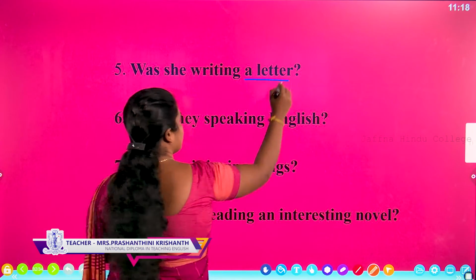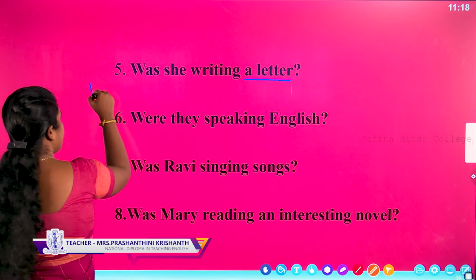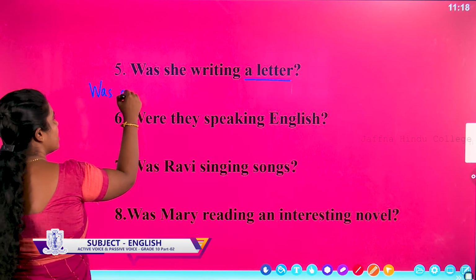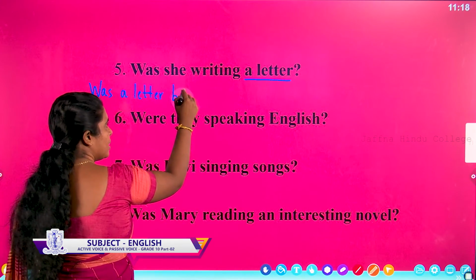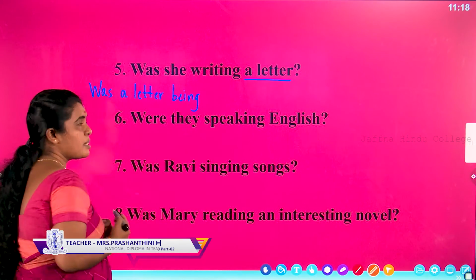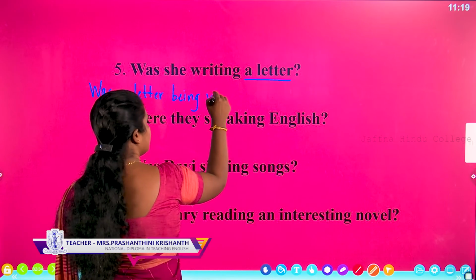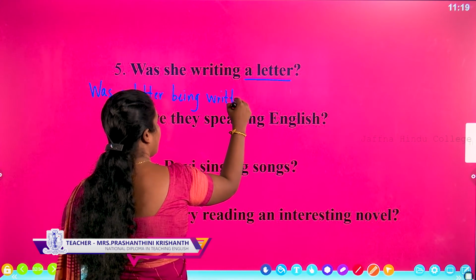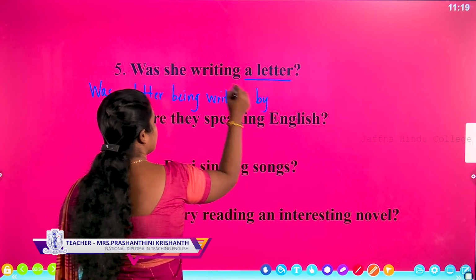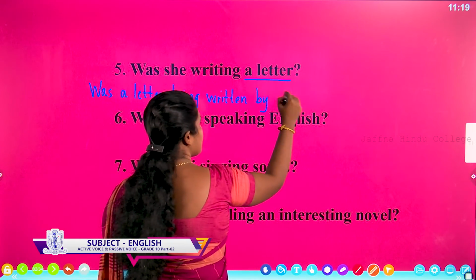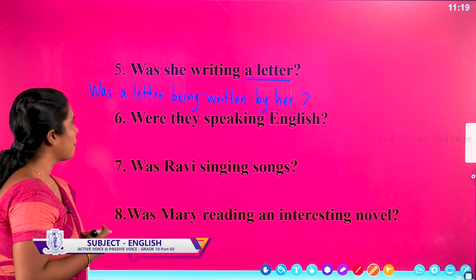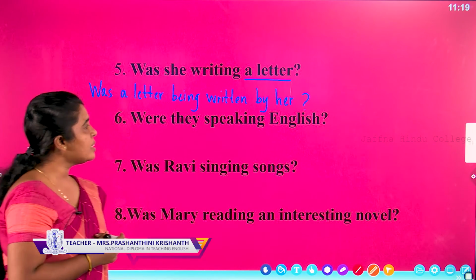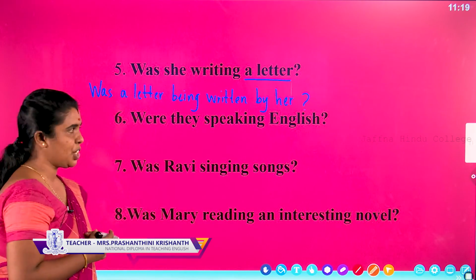Right? This is the object, that is singular. So was a letter being, past participle of the verb written, by the doer, right? She becomes her, by her.